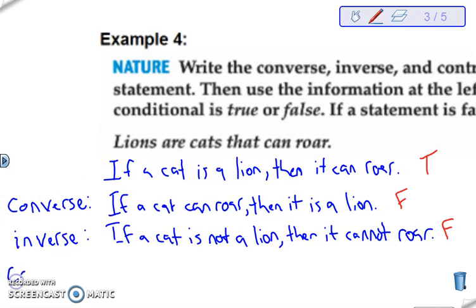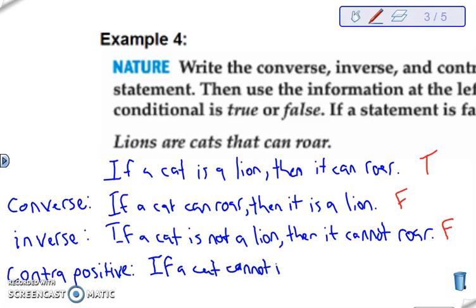And finally, we have the contrapositive. This is where we flip the order and negate it. So, if a cat cannot roar, then it is not a lion.